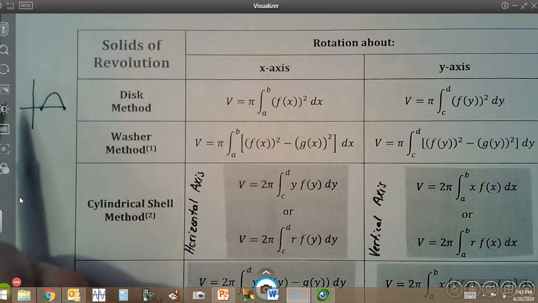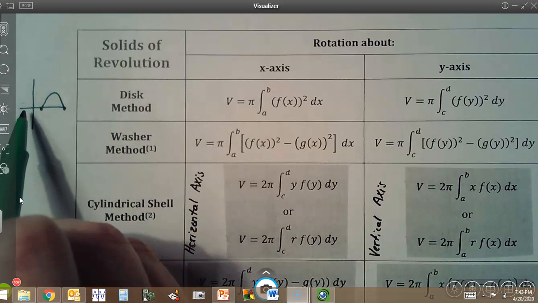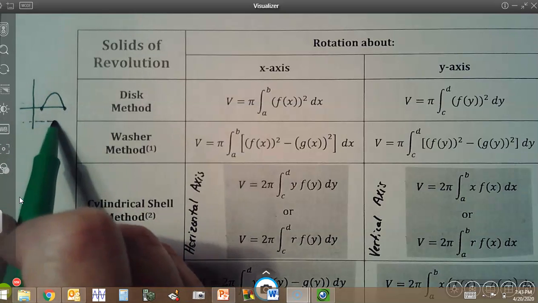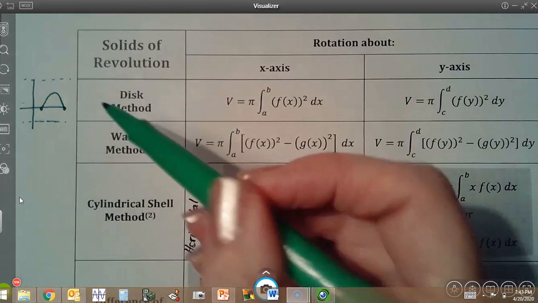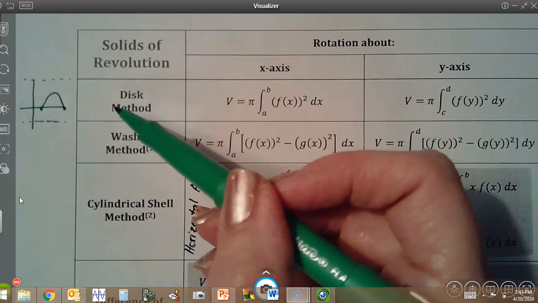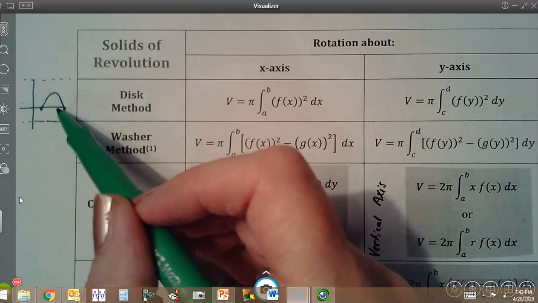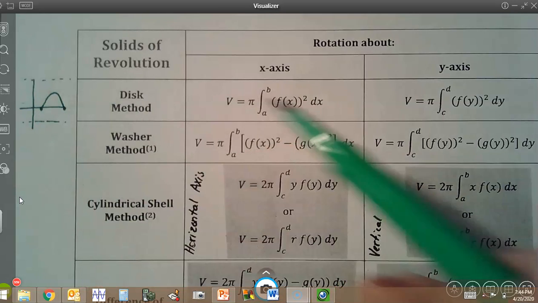I wouldn't be able to use the disc method because this function is not flat, y equals -2, because there's a gap here. Or if I want to do around y equals 4, because there's a gap here. So the disc method only works when the region, which could be bounded by more than one function, is flush up against what it's rotating around.